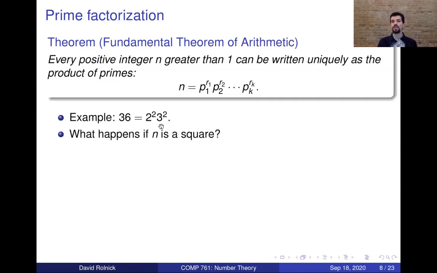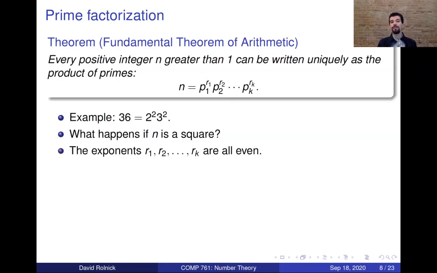What happens if the number is a square? For example, 36. Yeah, so the exponents are all going to be even in that case.